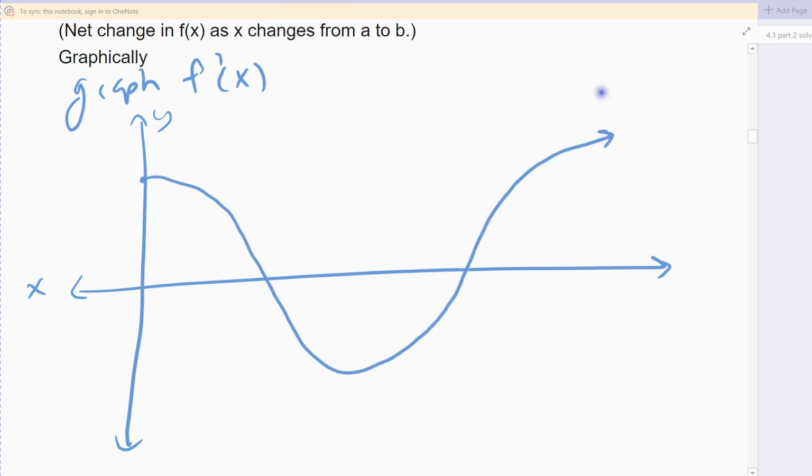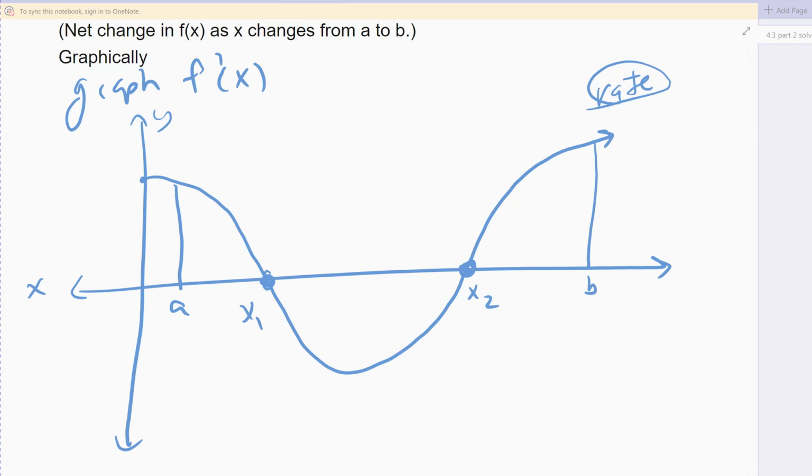Again, this is my rate of change. So it would be profit dollars per item, cost dollars per item, people per year, right? It's a rate of change function. And suppose we're looking from time A to time B, right? Then I'm going to mark off these points because they're important. This will be x1, this is going to be x2.